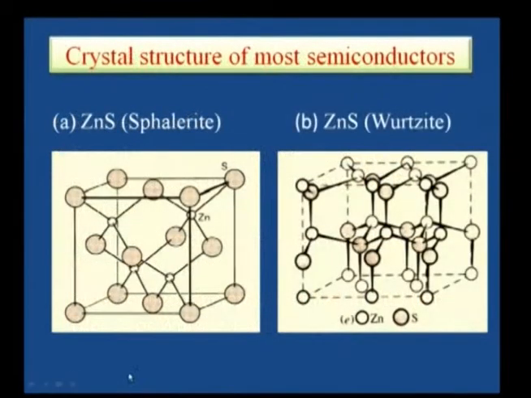Now, this is the zinc blende structure, this is the wurtzite structure. So the crystal structures of most semiconductors are either this atomic arrangement or this atomic arrangement, and most of them crystallize in zinc blende. Look at the handbook of semiconductors, find out the gallium arsenide structure, indium phosphide, indium telluride and so on. The structure should be known for making very many studies.